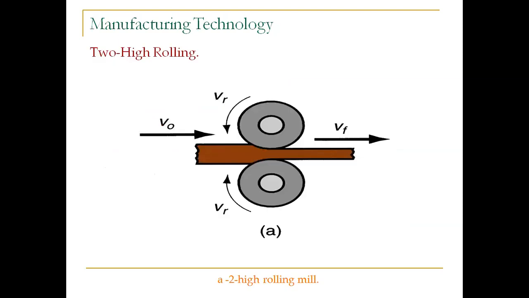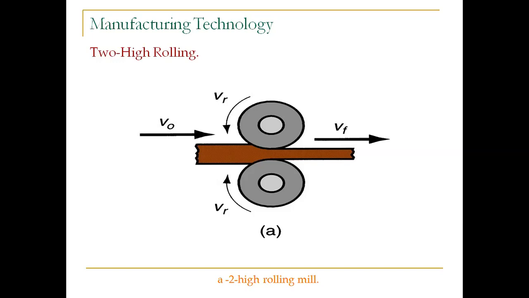These are the diagrams of two high rolling mill in which the workpiece flows through with velocity V naught, but the rolls rotate in opposite directions with velocity VR. V naught is the initial velocity of the workpiece or inlet velocity, and Vf is the final velocity of the workpiece.